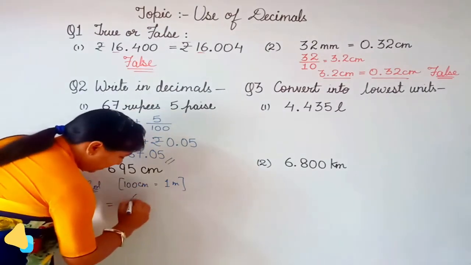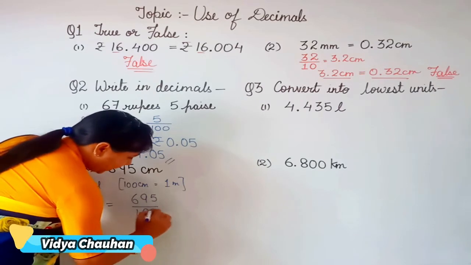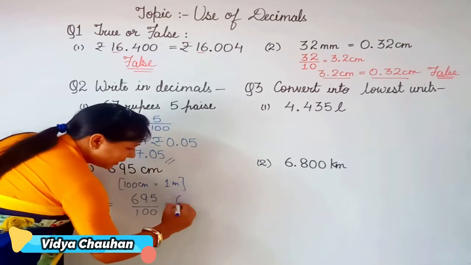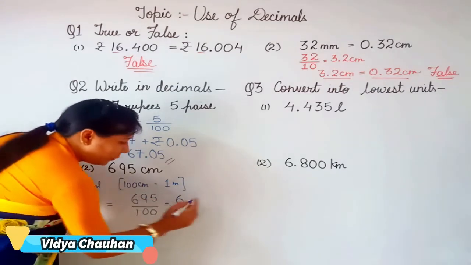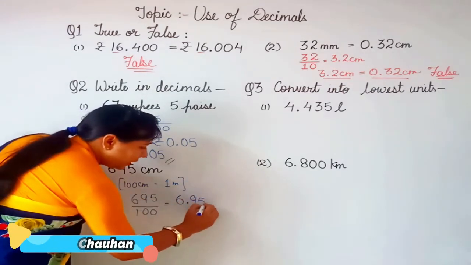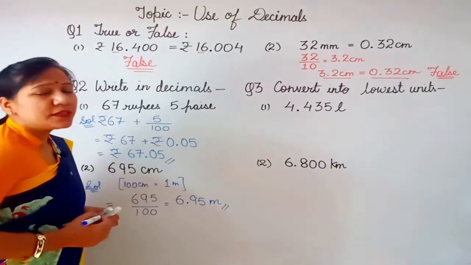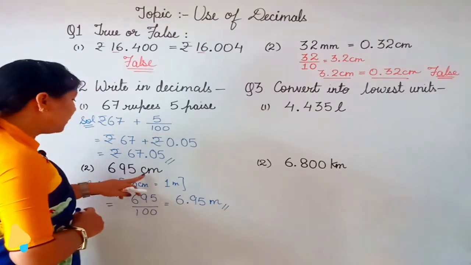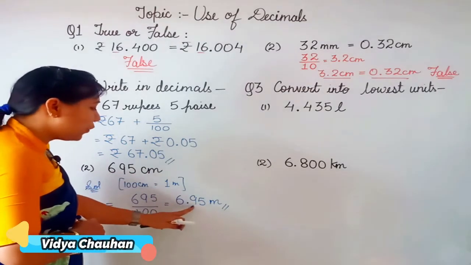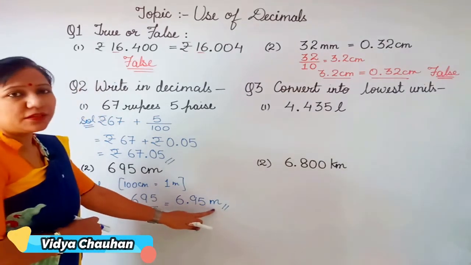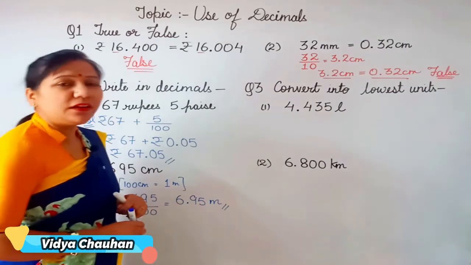So 695 divided by 100 gives 6 point, and since there are 2 zeros, the decimal is after 2 places: 6.95 meters. So we have converted 695 centimeters to 6.95 meters, the decimal form.